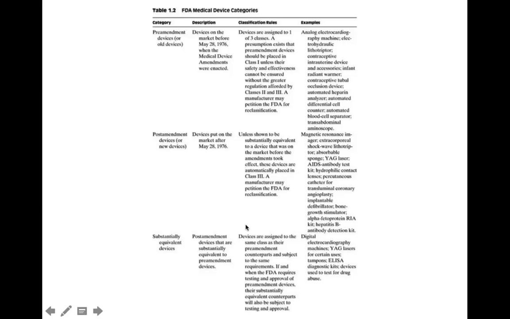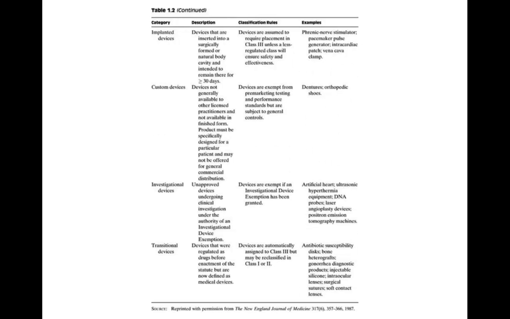There are a number of examples that are given here. Now, if you have a substantially equivalent device, then it's assigned to the same class. So for example, the old EKG machines were analog. If you now have a digital EKG, that is a substantially equivalent device because all you really changed was the readout.